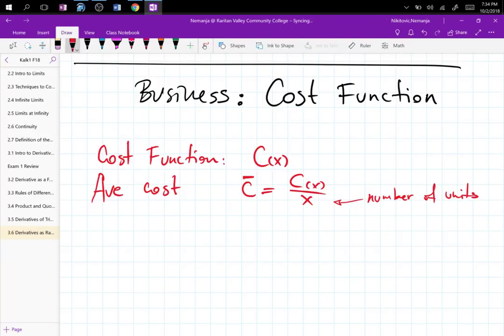And finally, marginal cost is just C prime, the derivative. So these are the three that we are going to look at.